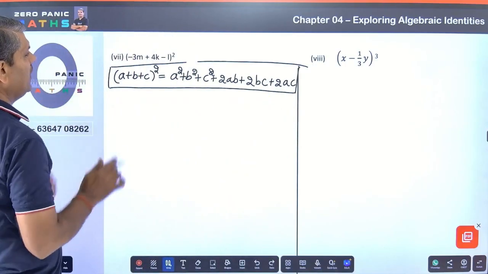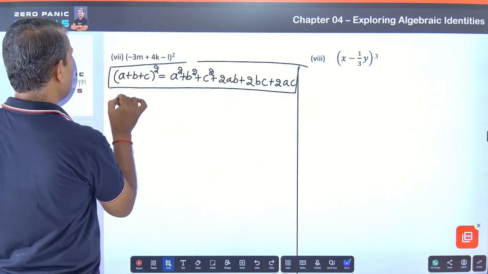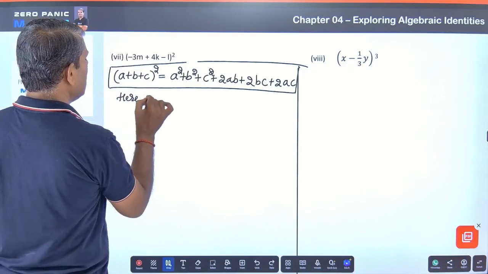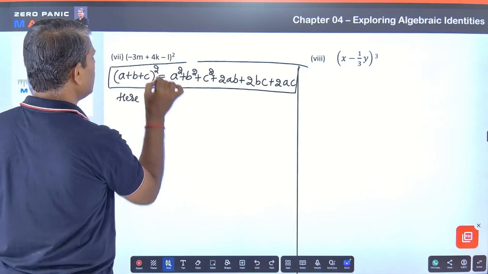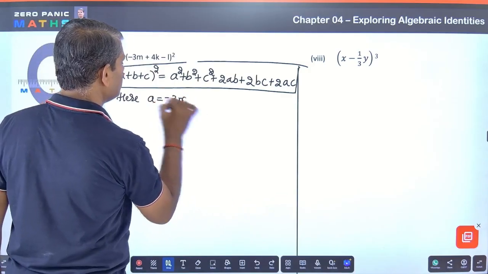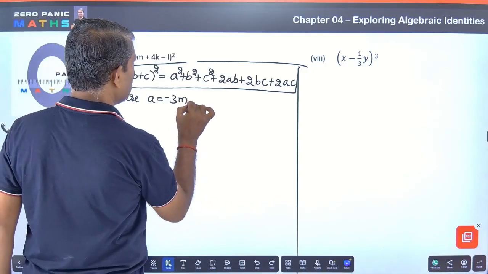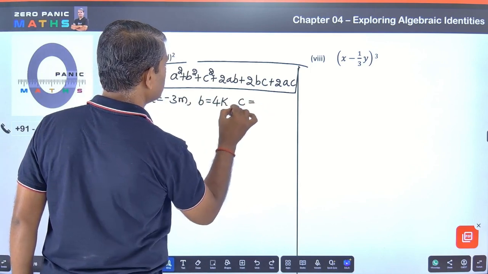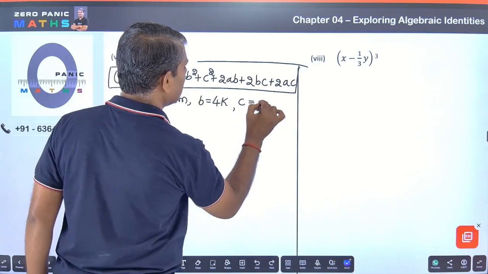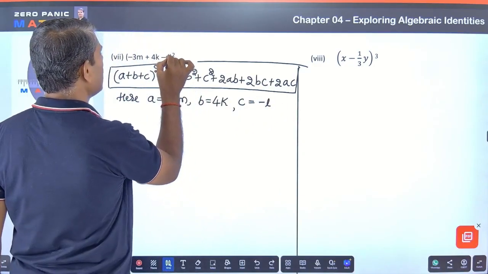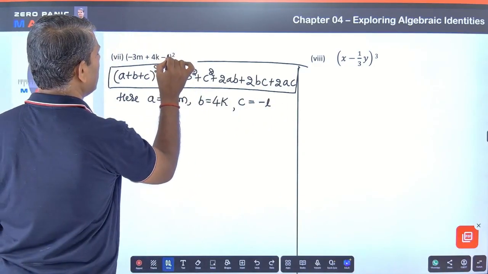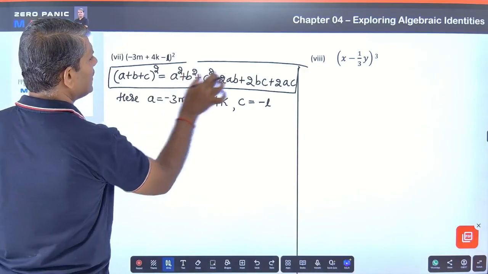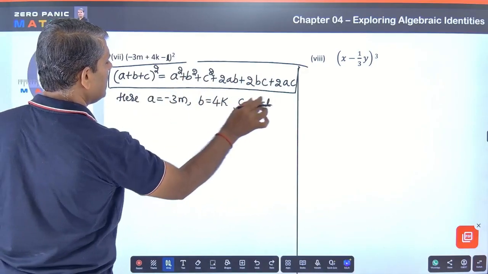If you remember, then it will be good, or else you have to write it and remember it. Now, whatever may be the signs, just consider the values with the signs. A is equal to minus 3m, b is equal to 4k, and c is equal to minus L. So this is L, this is not 1, sorry, it is L. Now let me write this expanded version by using these A, B, C values.